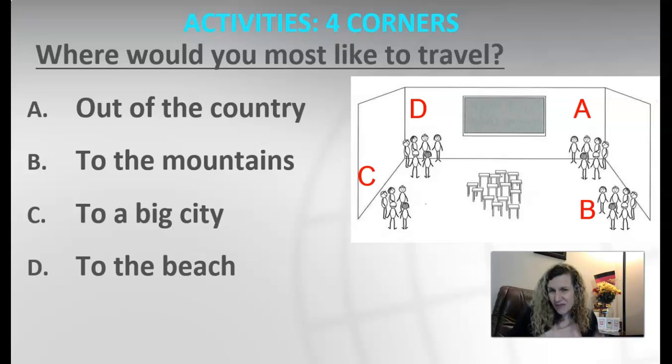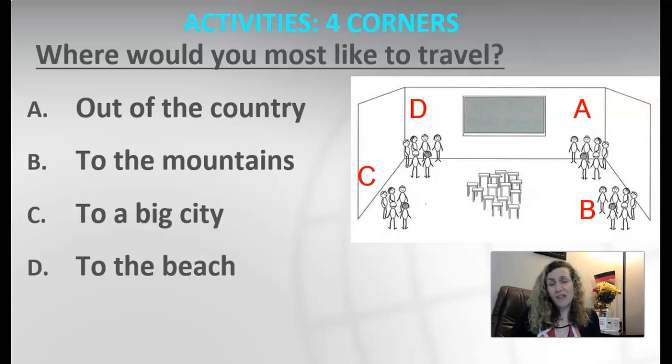And after they've hashed out those reasons together, they will announce to the class, we would like to travel out of the country because we can meet people from around the world. They can also discuss some of the disadvantages of the others, and so this turns into one of our first informal debates.